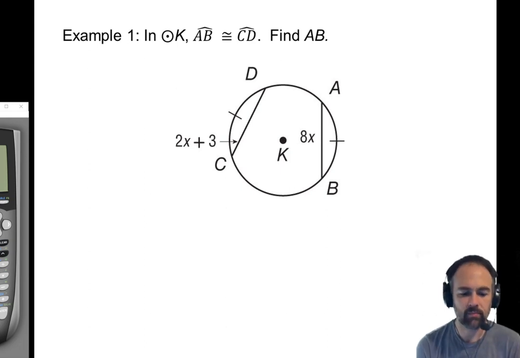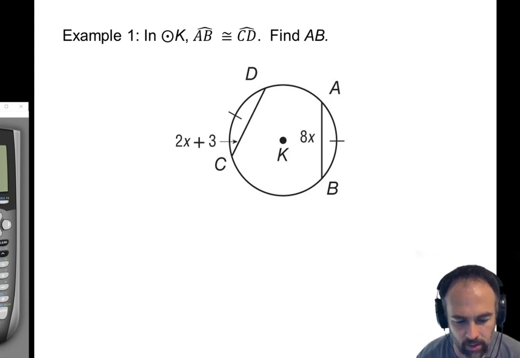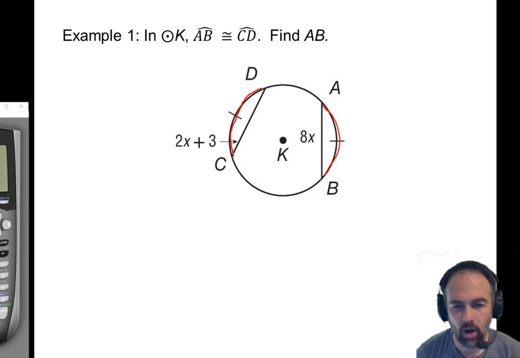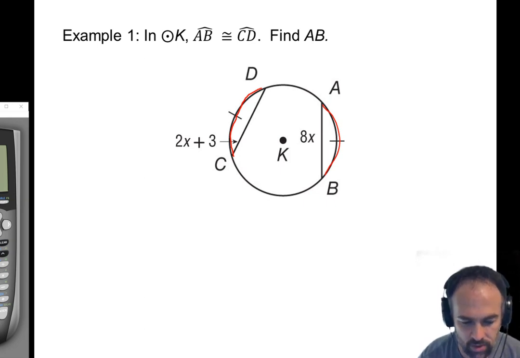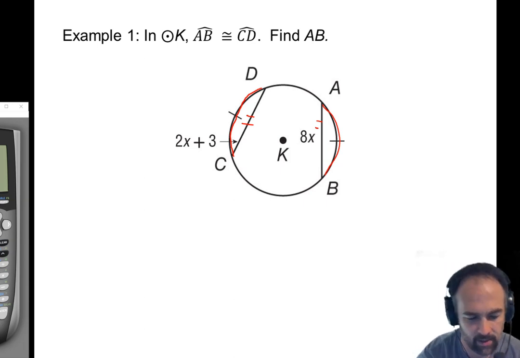So in circle K, arc AB is congruent to arc CD. We want to find the distance from A to B. Since I know that arc CD and arc AB are congruent, that means their corresponding chords are congruent. So segment CD is congruent to segment AB.